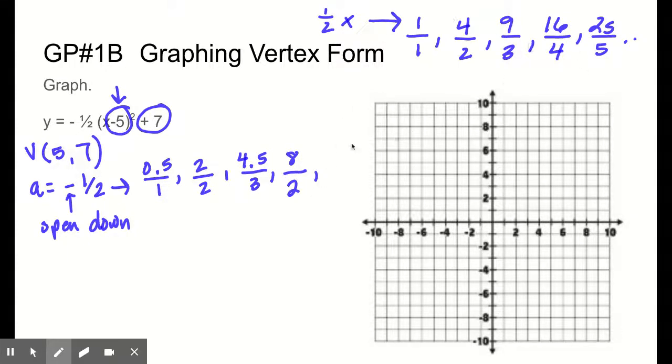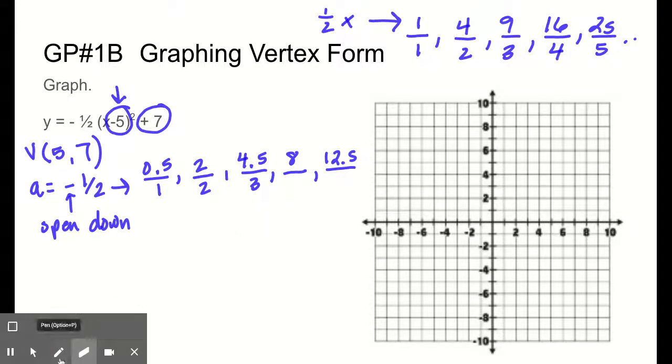And 1/2 times 25 is 25 over 2 or 12.5. Oops, this should not be a 2, this should be a 4. Eight over 4 and then 12.5 over 5.